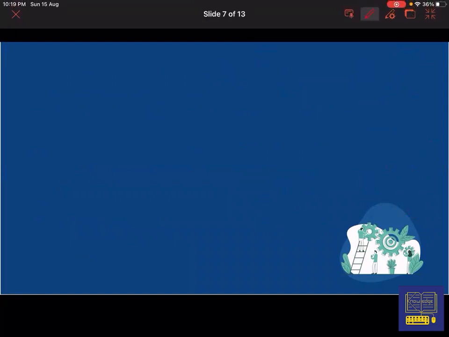So now looking at an example, we have 5 root 3 plus 17 root 3. Because these are similar, we can go ahead and add them. So 17 plus 5 is 22 root 3.